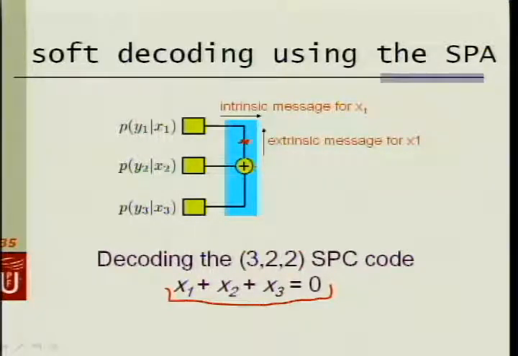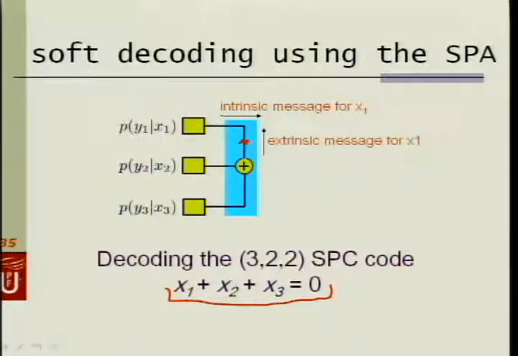The other messages go in the opposite direction, and their product with the intrinsic messages will give us the a posteriori probability of symbol x1. They come from the observation of y2 and y3, that is the output of the channel corresponding to the other two components of the codeword, and our knowledge of the structure of the code.